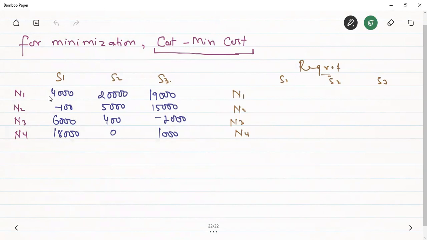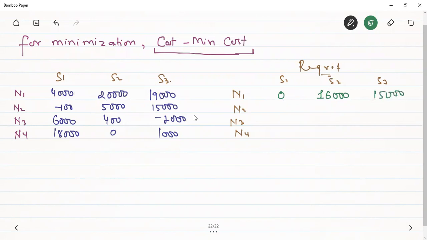In the first state of nature we have the costs 4,000, 20,000 and 19,000. The minimum is 4,000, so the regrets will be 4,000 minus 4,000, equal to 0; 20,000 minus 4,000, equal to 16,000; and 19,000 minus 4,000, equal to 15,000.